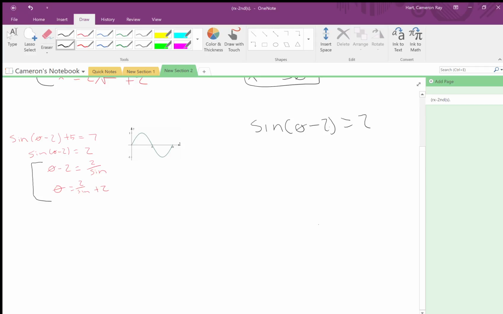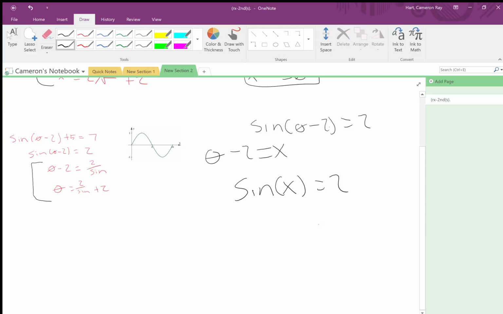Now if you think about this, let's say theta minus 2 is equal to x. What this would say now is sine x equals 2.